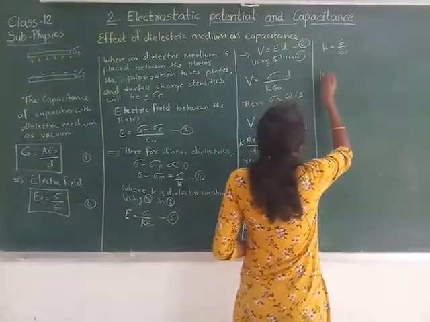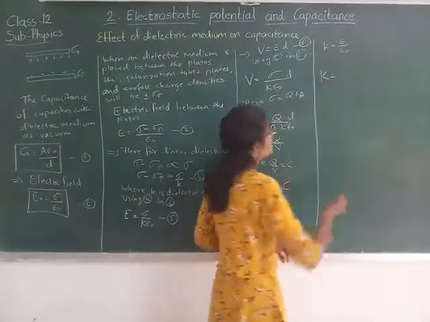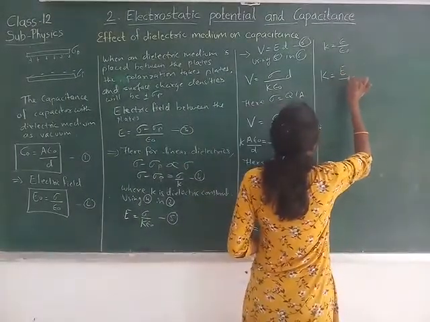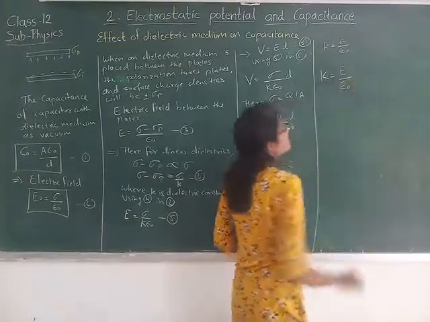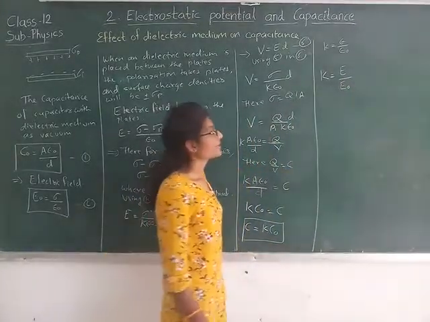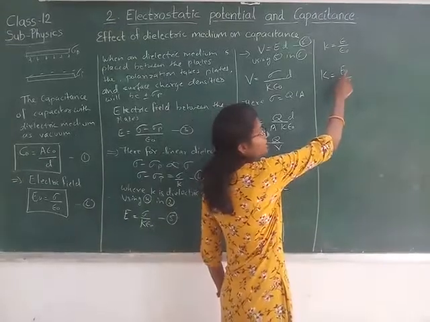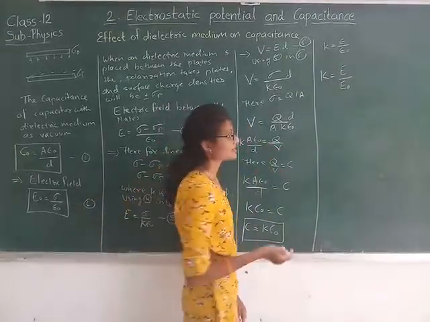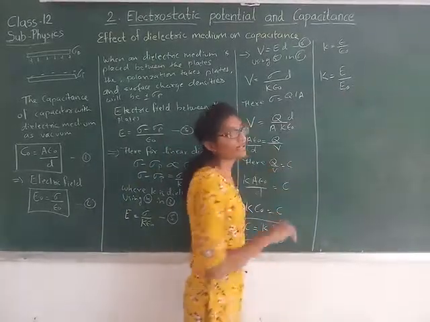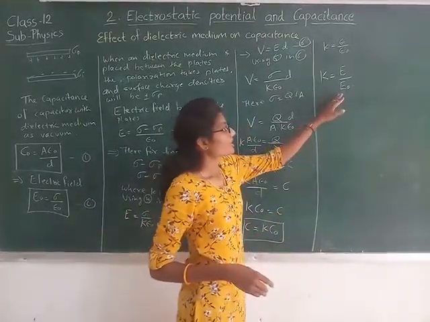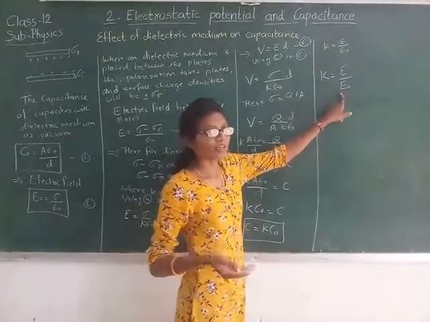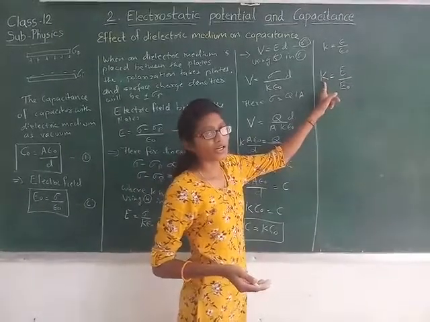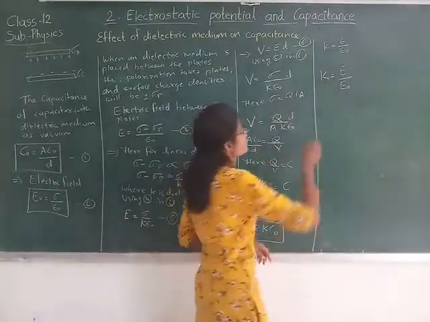We can also write that in terms of the electric field, that is K equals E upon E0, right? That is, the ratio of the electric field with a dielectric medium between the plates to the electric field with vacuum between the two plates is equal to the dielectric constant.